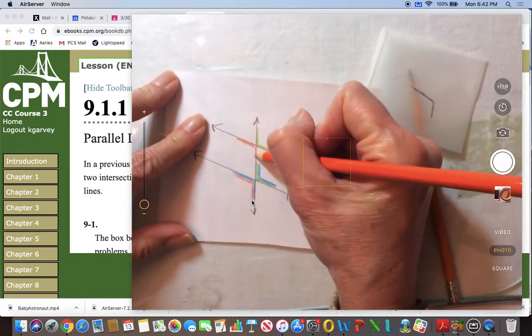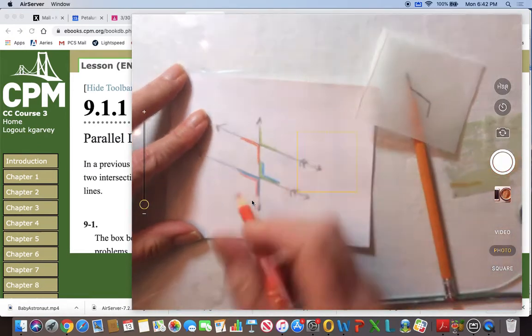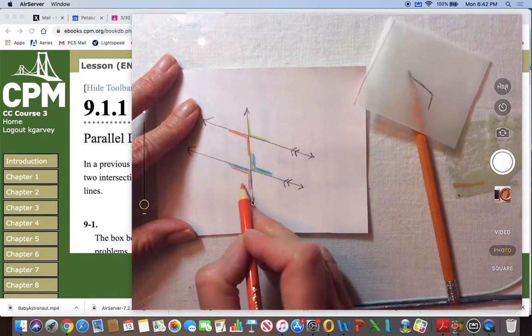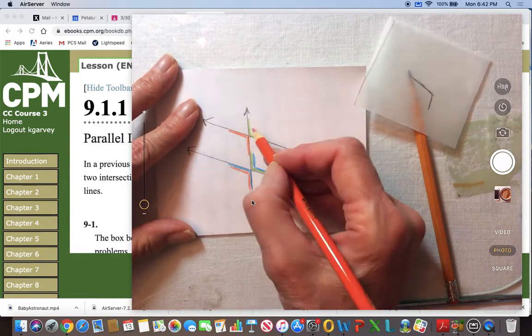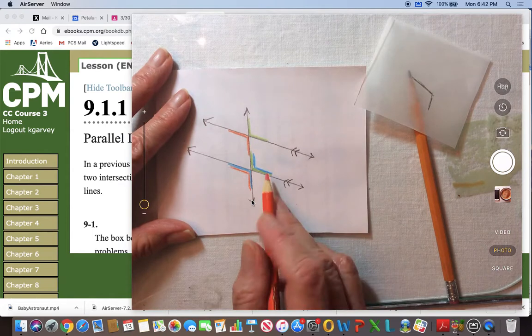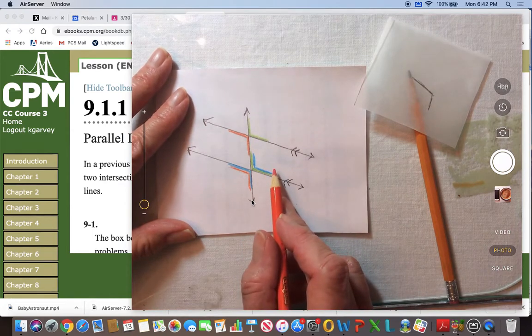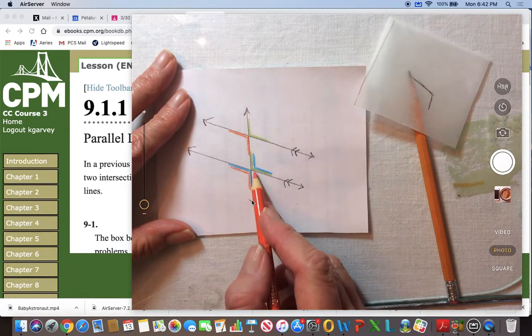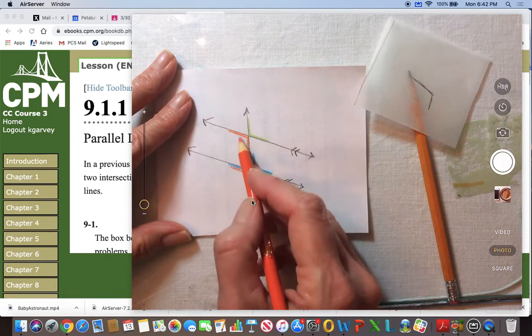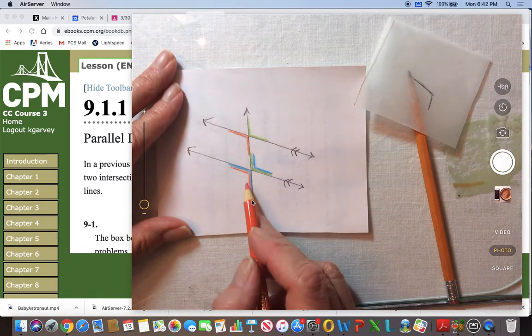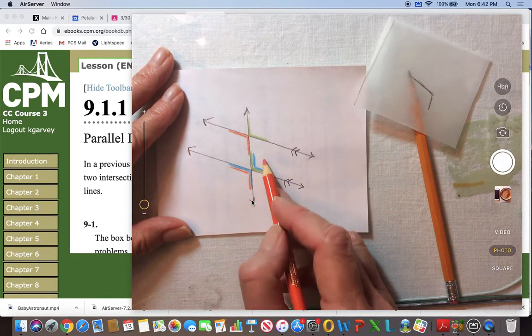So we are finding quite a few angle pair relationships where the angles are the same measure. So some of them are on the same side as a transversal, and then some of them are on opposite sides of our transversal.